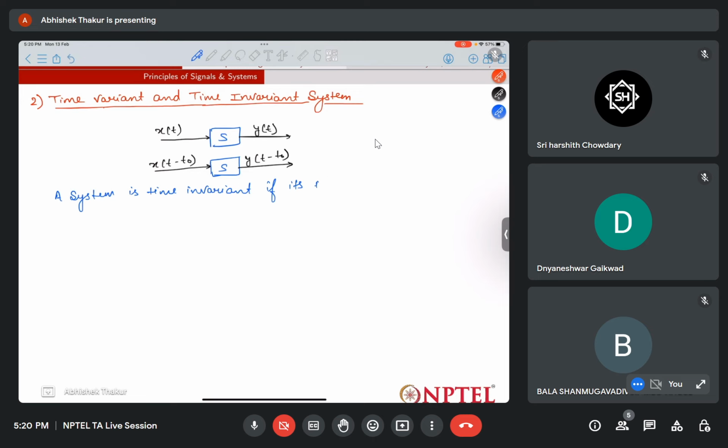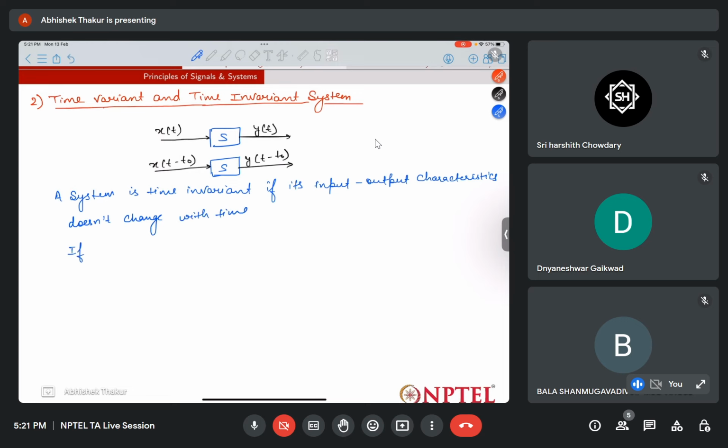If its input output characteristics do not change with time. Any doubt in this?